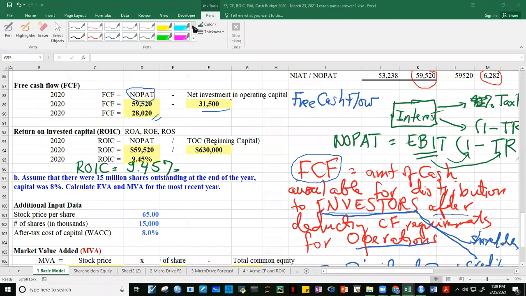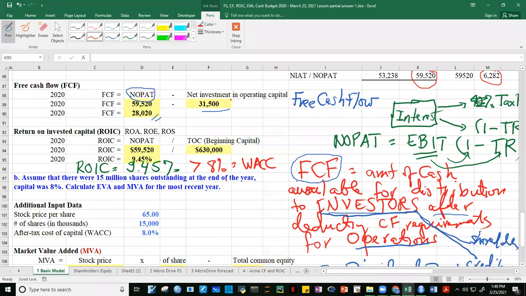Thank you, Charles. You're correct. Because the cost of getting capital is 8%, and the return on that capital is 9.45%. So this is greater than 8%, which is equal to your WACC, the weighted average cost of capital.